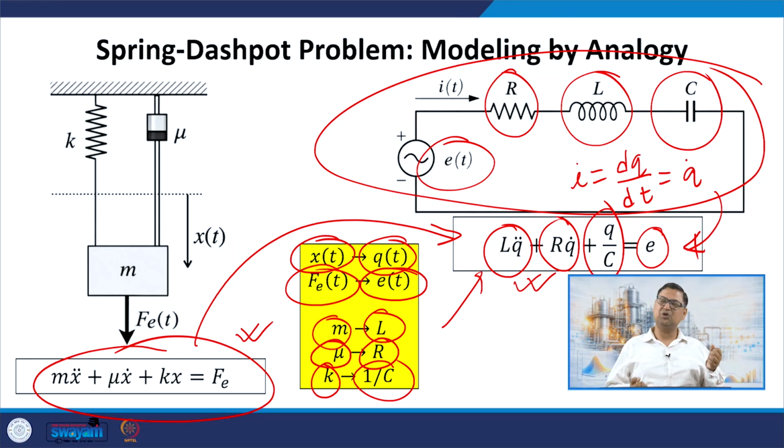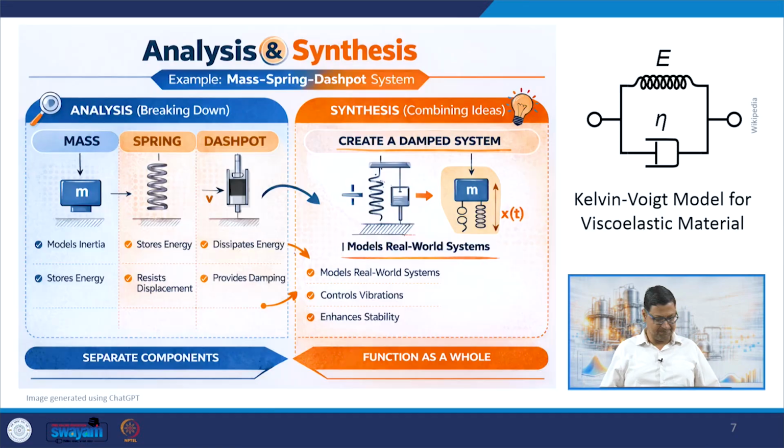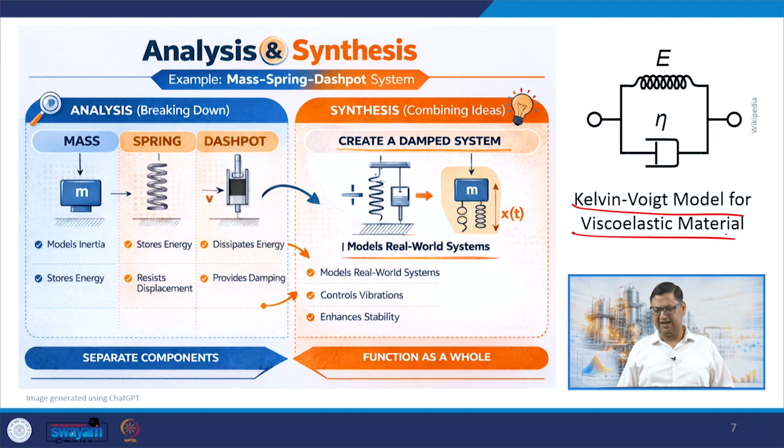The viscous component of that fluid is given by the viscosity mu in the model, and the elastic properties of the fluid are given by the stiffness k in the model. So, I can model the behavior of a viscoelastic fluid by modeling this Spring-Dashpot, and in fact, there is a name for this model. It is called the Kelvin-Voigt model for a viscoelastic material, right?